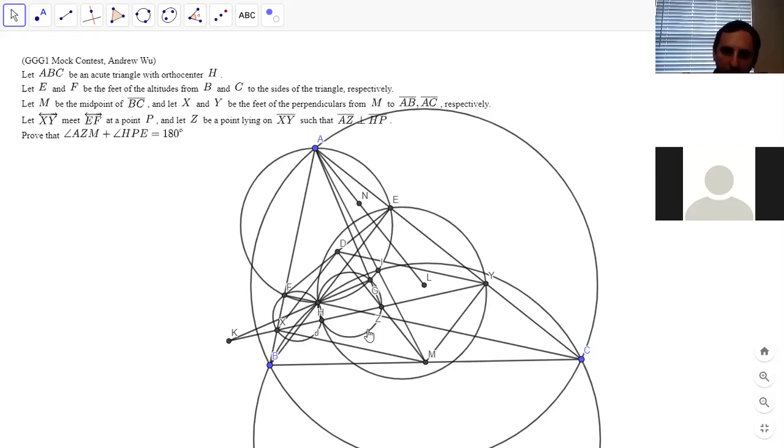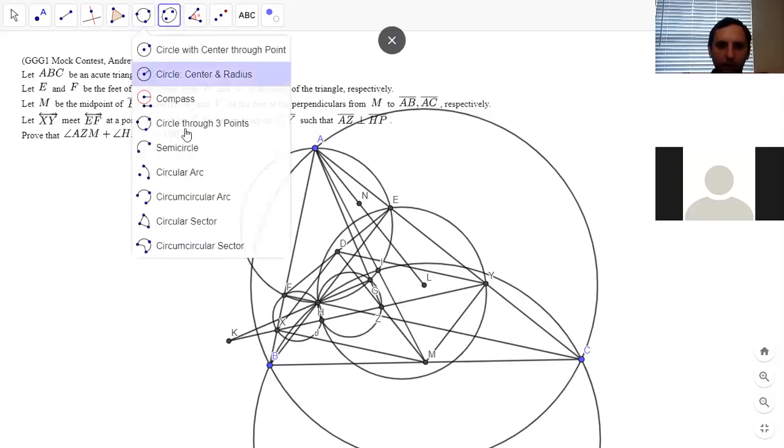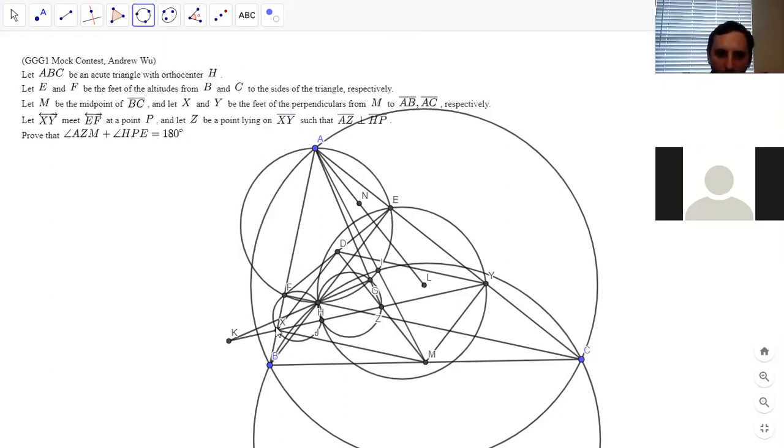So basically, that means XHGY is cyclic. Wait, let me think about that. Are you sure those were in harmonic conjugation? No, I think that would mean KX times KY is KZ squared, right? Oh, okay. Or no, sorry. Projecting through E.